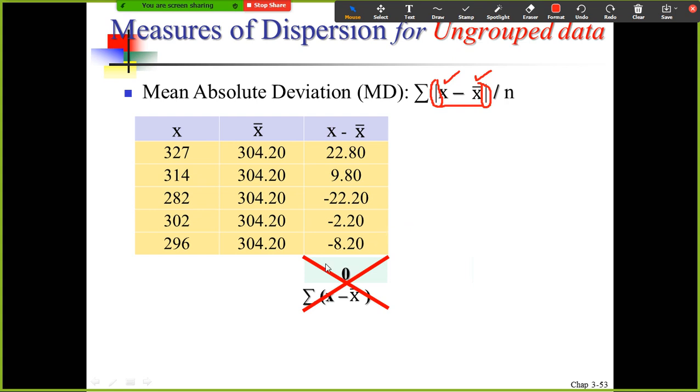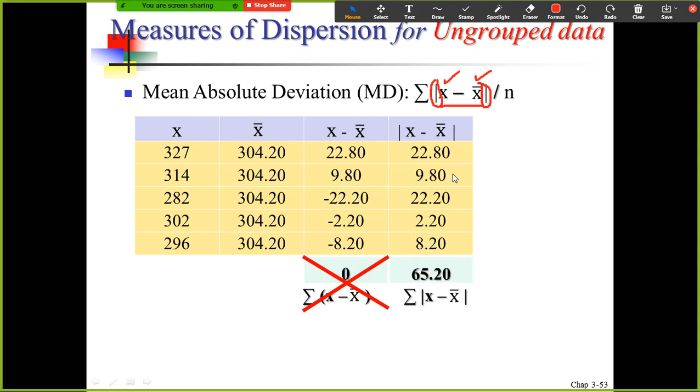If it's not 0, this is not the correct mean. I think you still remember this from the characteristics of the mean. So next we add the absolute value. That's why you see there's no sign, no positive, no negative. So we can add them together.